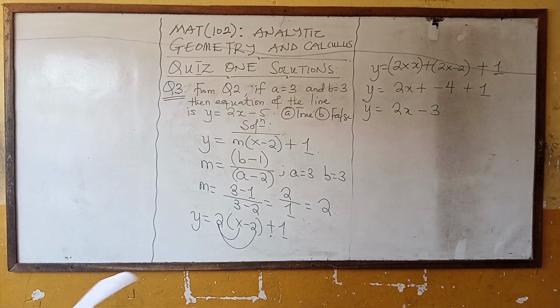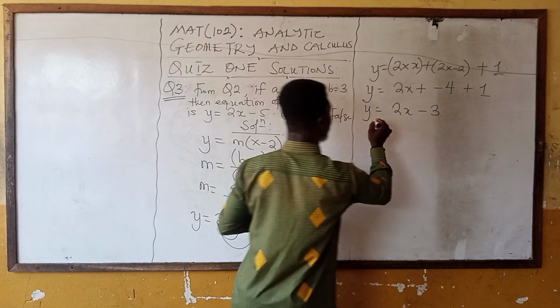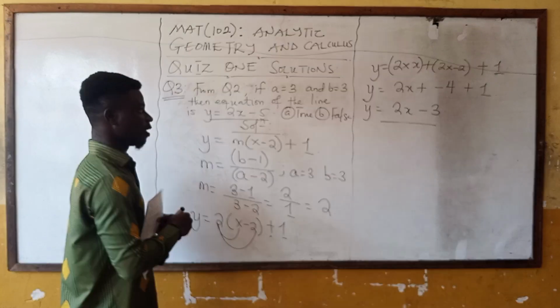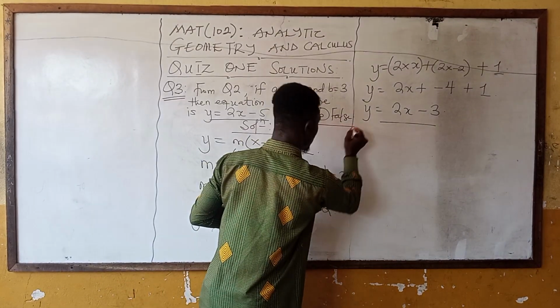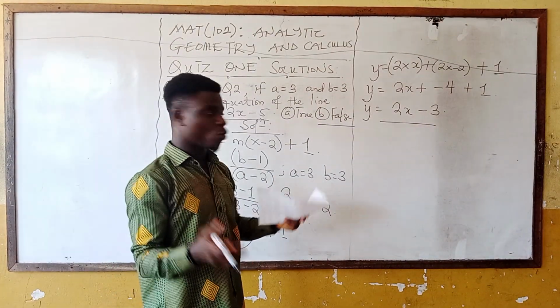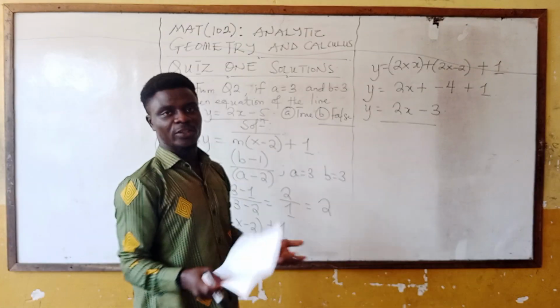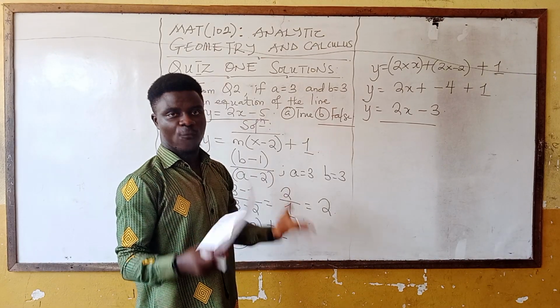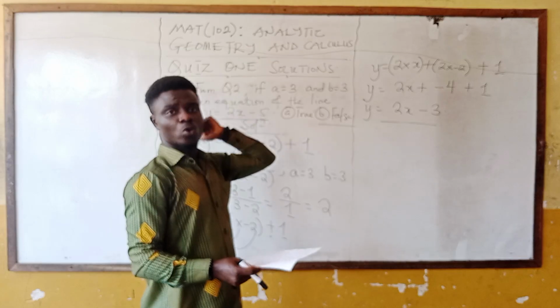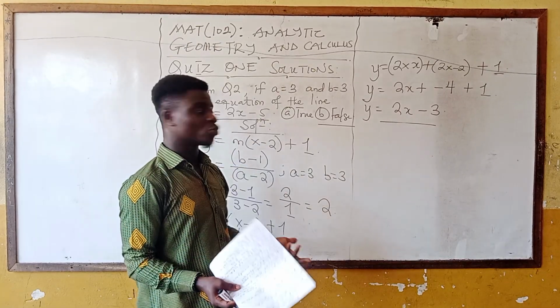So now we can see that this equation of the line is not equal to the equation of the line given here. So the answer is what? False. Now, from question 2, we had false. So this one too, definitely you should get false. The equation of the line is not equal to what is given in question 2.